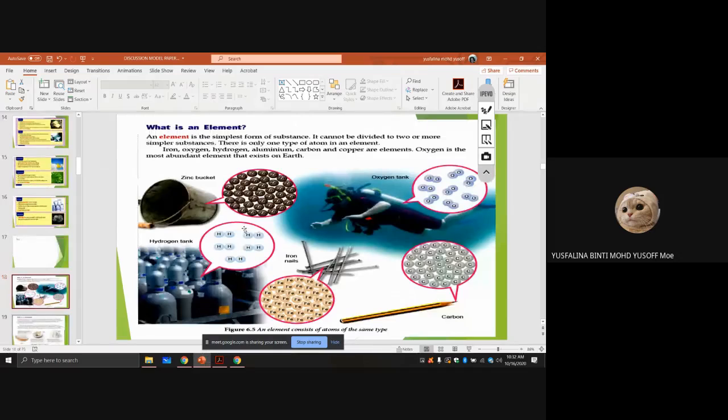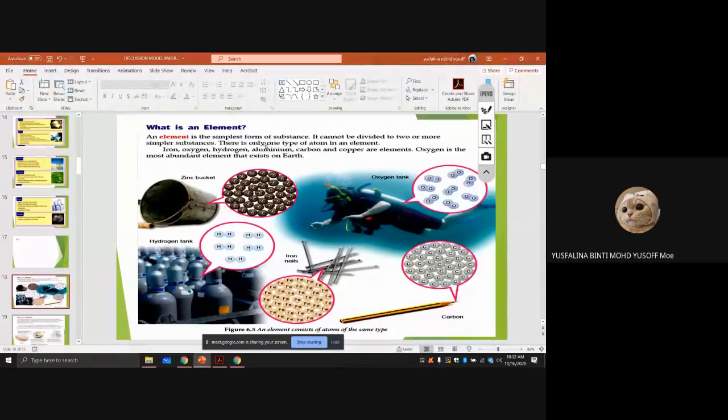So we do a little revision. What is an element? An element is the simplest form of a substance. It cannot be divided into two or more simpler substances, so there is only one type of atom. This is the important part: an element only consists of one type of atom.